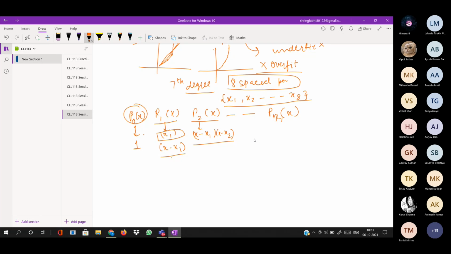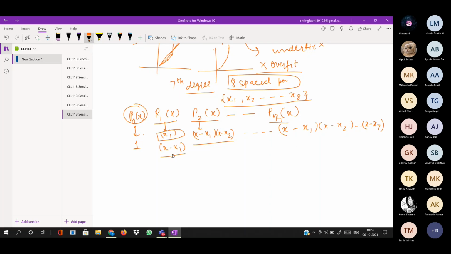Is it clear? And so on, till you have to take x minus x1, x minus x2, and so on up to x minus x7.